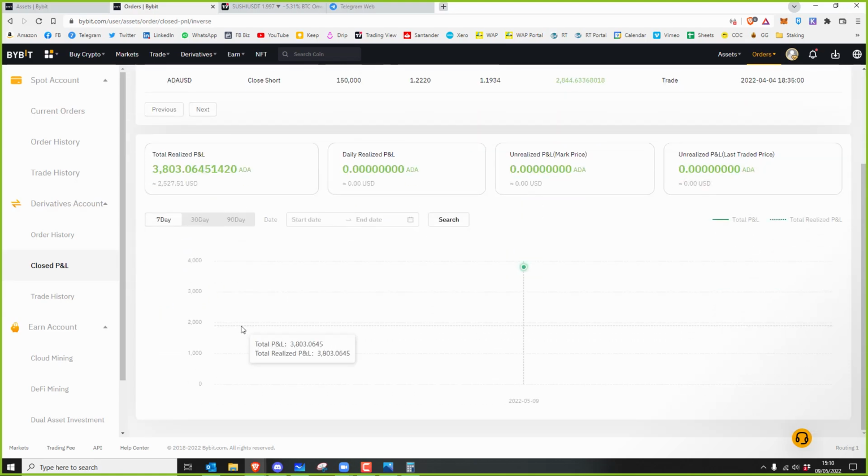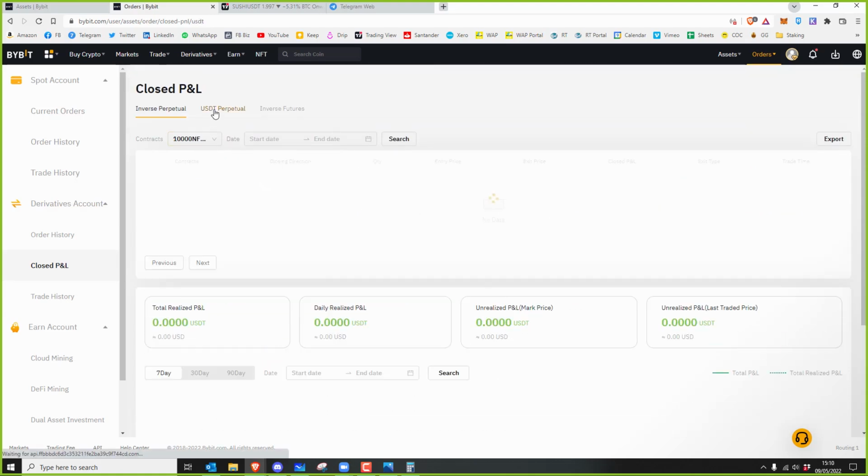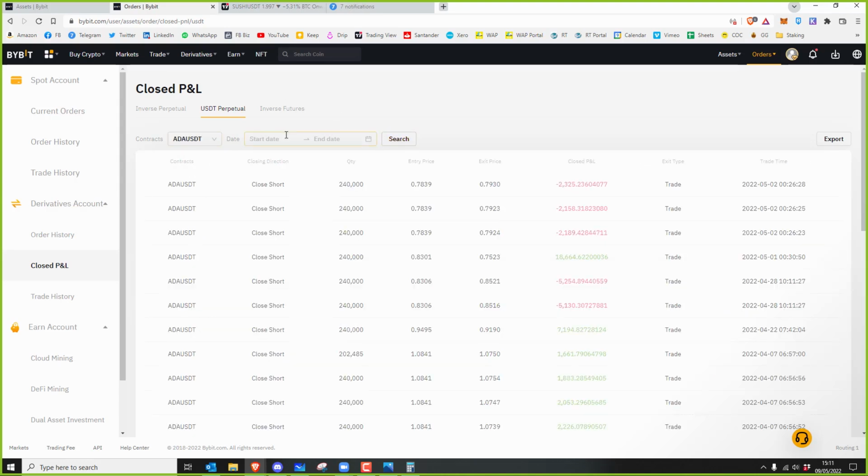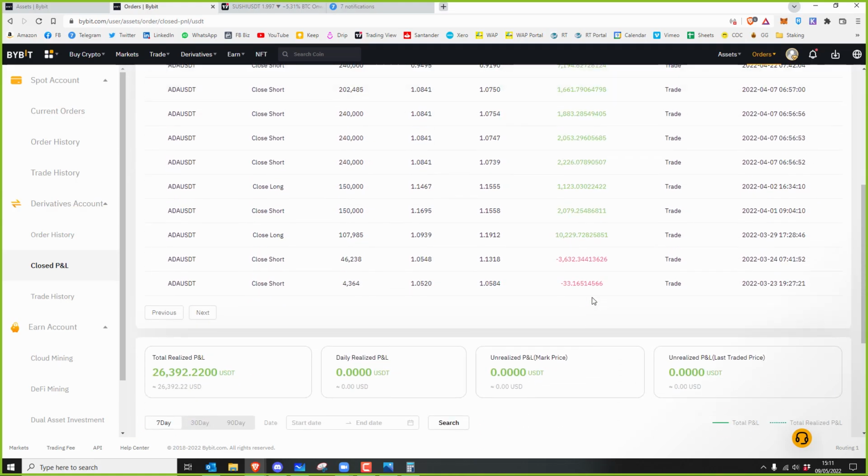That was when I was playing around with the inverse stuff, and annoyingly it doesn't show you for all symbols. So you literally then have to click ADA over the search period, and it'll show you all of the trades I placed on ADA.